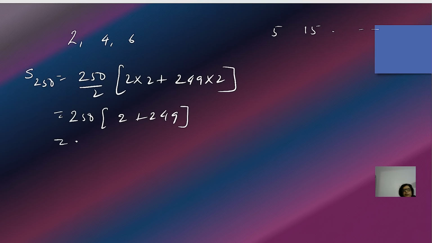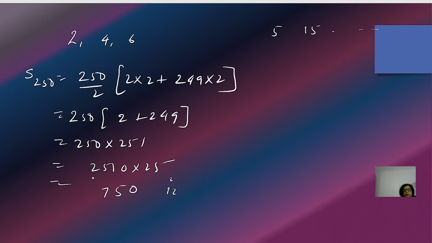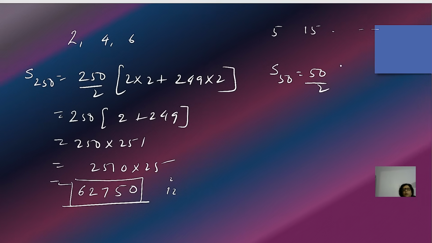That makes it 251. 250 into 251. So if we multiply this, we get 62750.